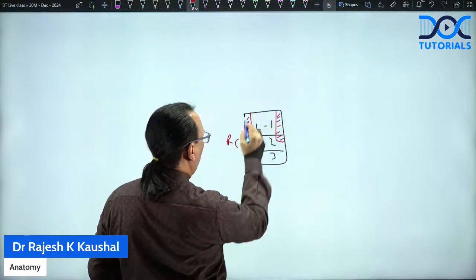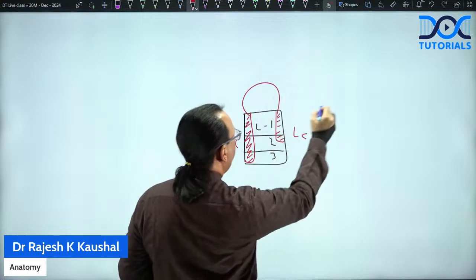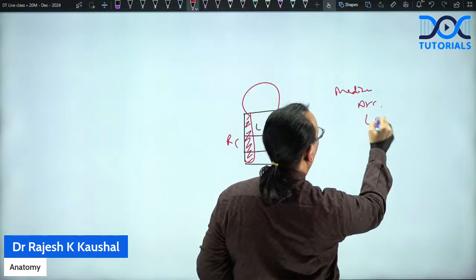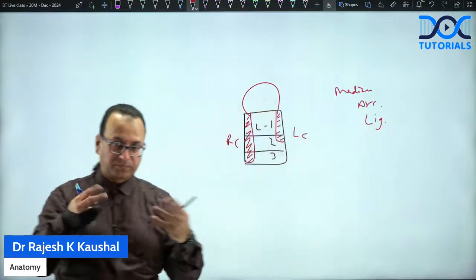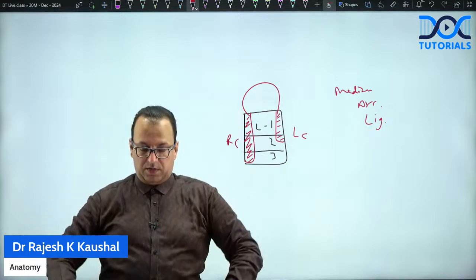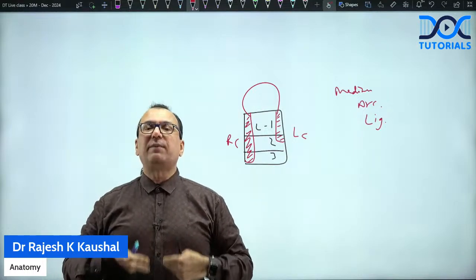Right is longer, left is shorter, and they are connected by the median arcuate ligament. So I'll repeat. Looking from inferior view, the diaphragm opening, lumbar vertebra 1 to 3 in the abdomen.